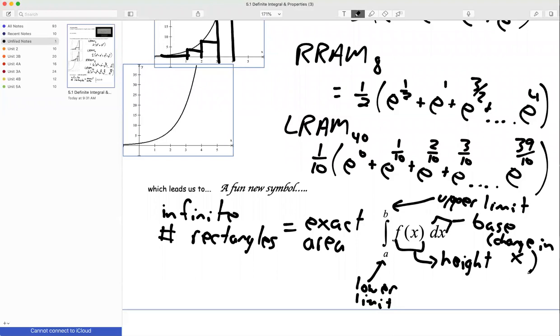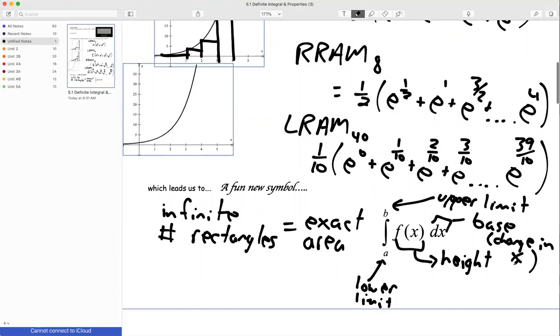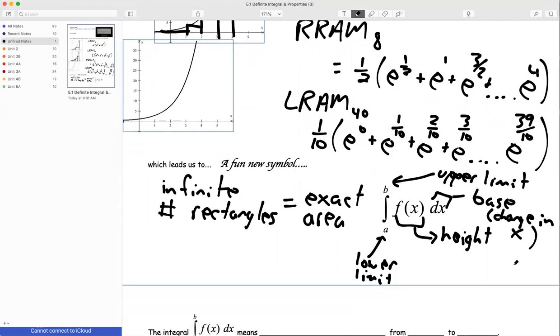So if I wanted to find, going back to this problem here, the exact area under the curve from 0 to 4, I would write it like this. I have the integral. My lower bound is 0. My upper bound is 4. My function here is e to the x.